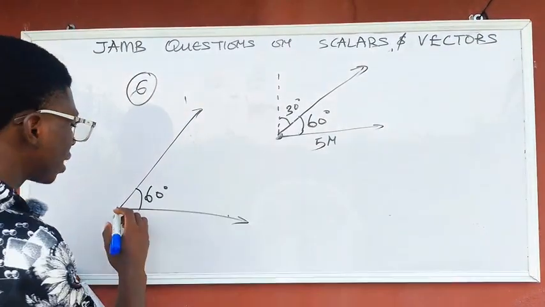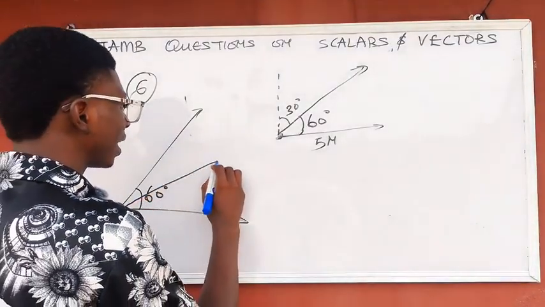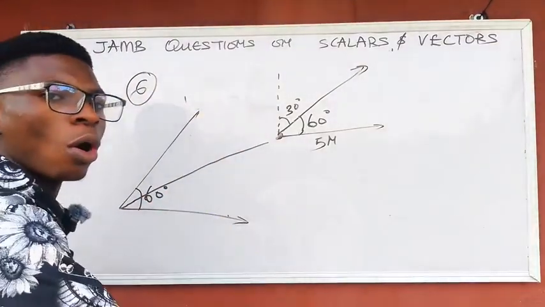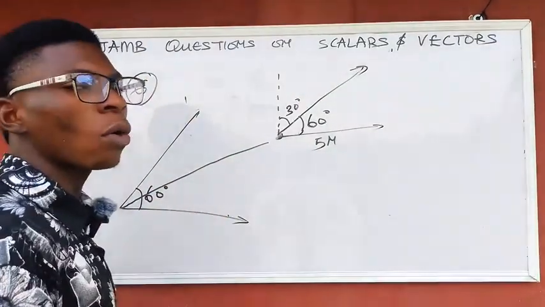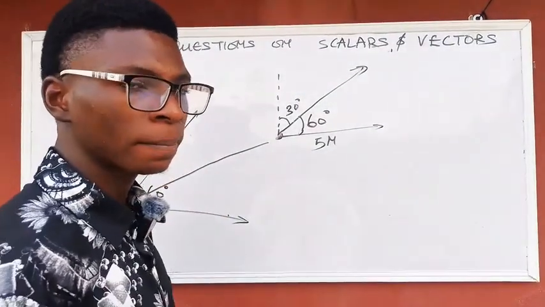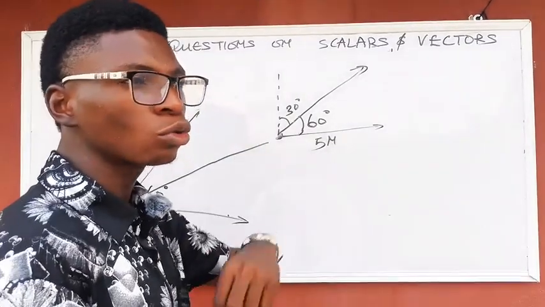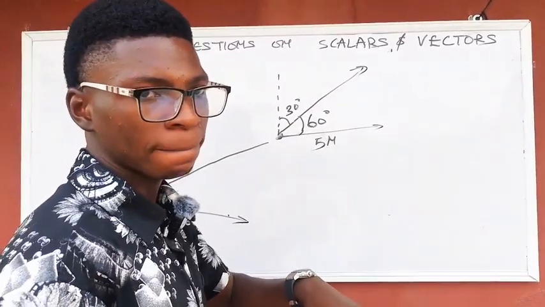So what is the resultant? I told you that the resultant is going to be the line between them. In this case, we are going to use the law of parallelogram to find the resultant, unlike the one with 90 degrees. For forces in which the angle between them is 90 degrees, you use Pythagoras theorem to find the resultant.